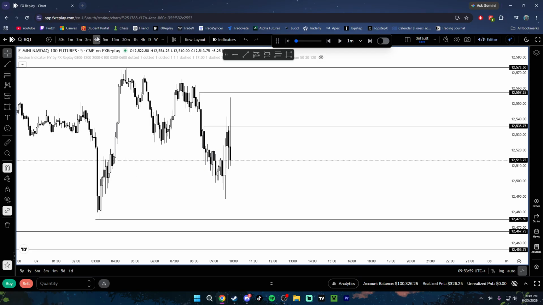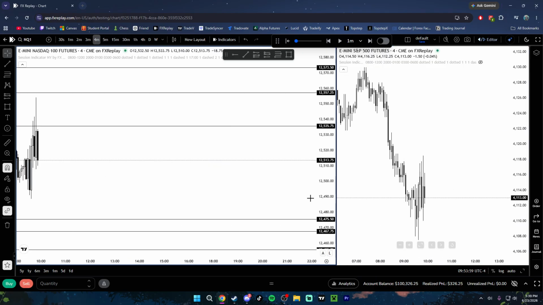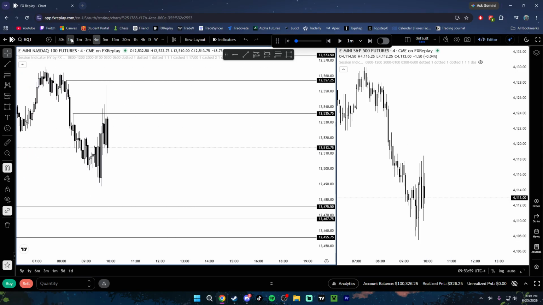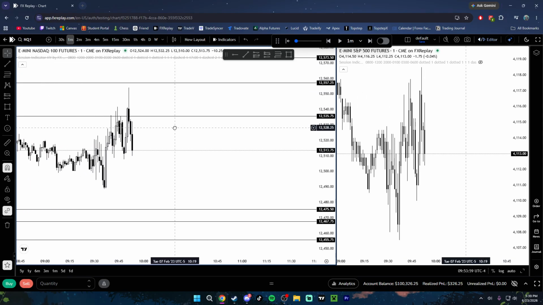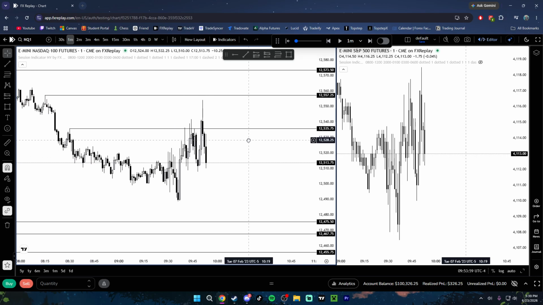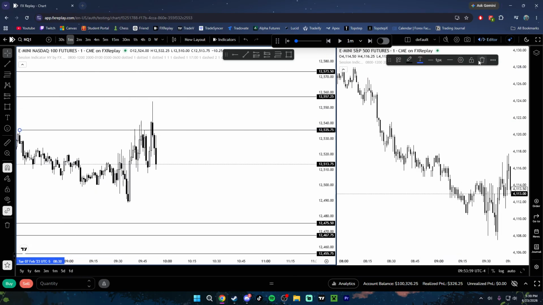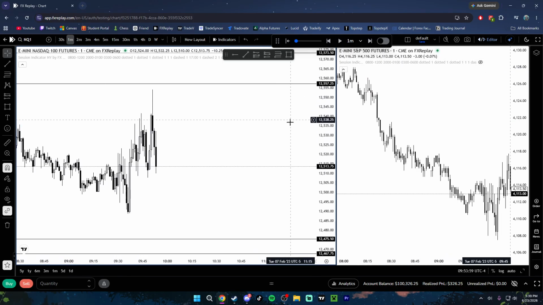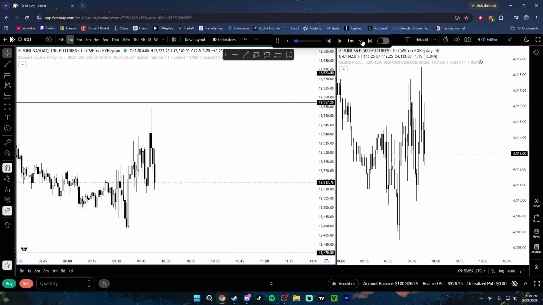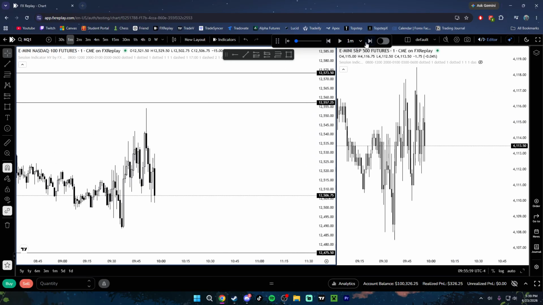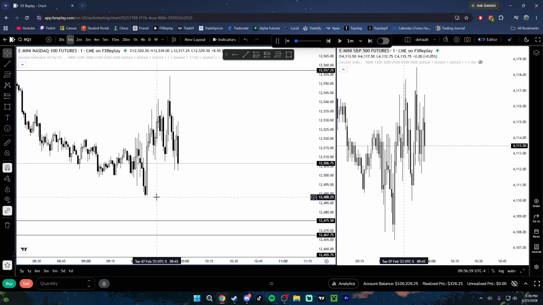Okay, we have a re-entry here. I want to fade this just because we have LR above. This is where I'll fade it. Okay, this might end up running now.